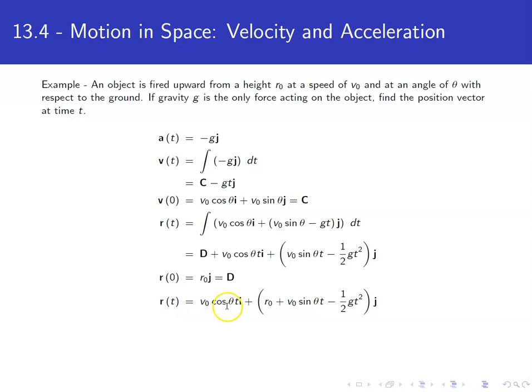It's just that the rate has that cosine theta in it because we have to know how much rate is going in the x direction versus how much rate is going in the y direction. The j component is a little bit more complicated, but you've probably seen this formula before if you've done some projectile motion stuff. Here's your initial height. This is your initial velocity, in this case the initial velocity in the y direction, times t, and then one half times the acceleration due to gravity constant times t squared.